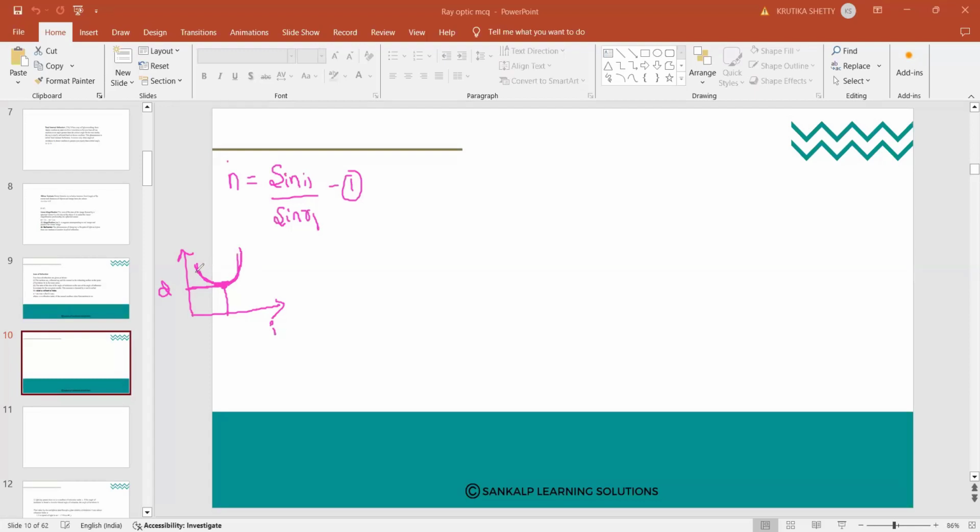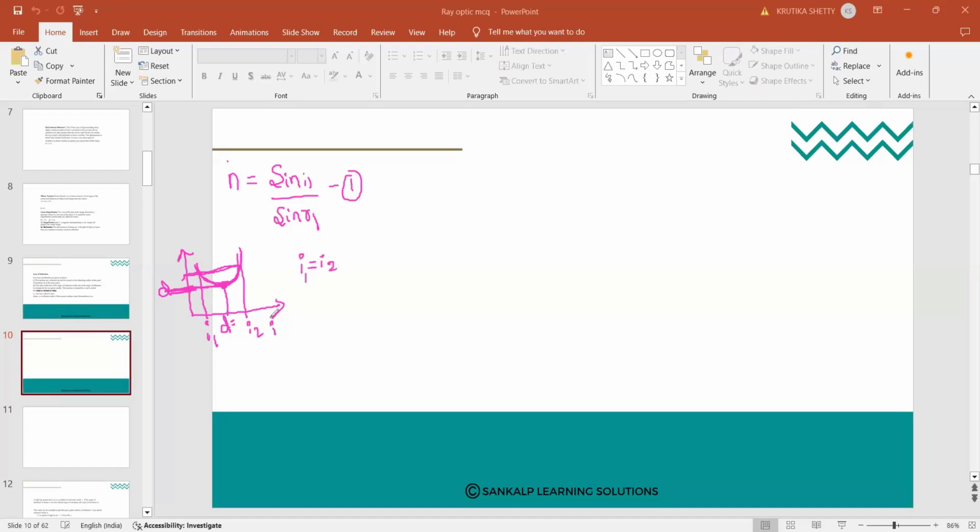Okay, if you take two more angles here, you can see this is the angle of incidence I1 and this is the angle of incidence I2. But here the angle of deviation is minimum. So this is what we call the minimum angle of deviation. When the deviation is minimum, in the graph I1 is equal to I2.